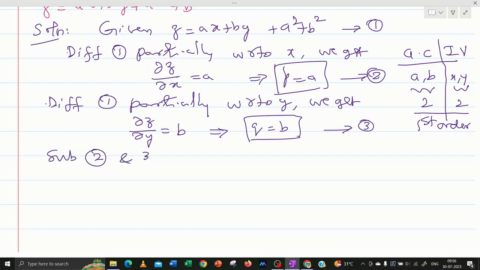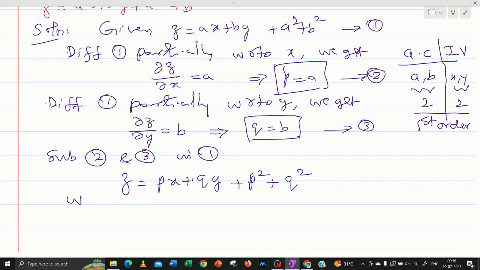Equation 2 is p equal to a, and equation 3 is q equal to b. That means you have to substitute a equal to p and b equal to q in equation number 1. You will get z equal to px plus qy plus p square plus q square.